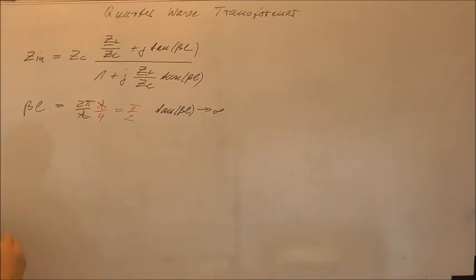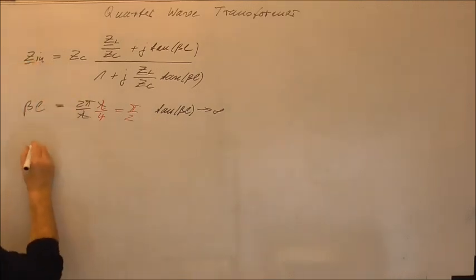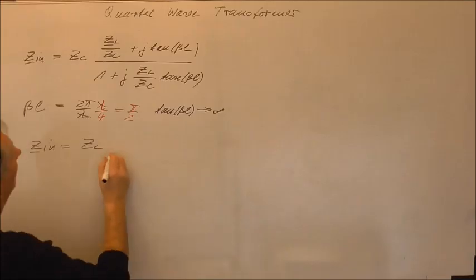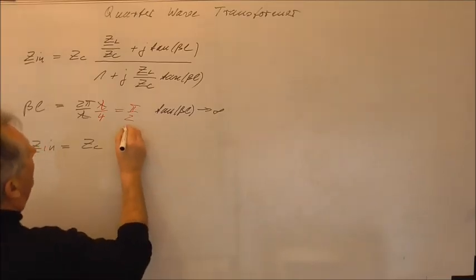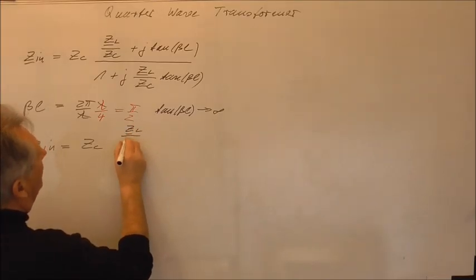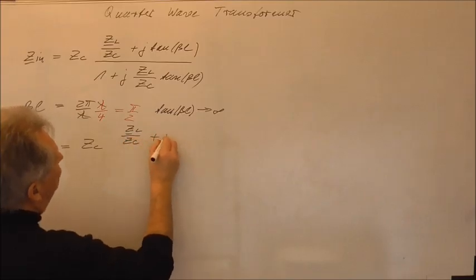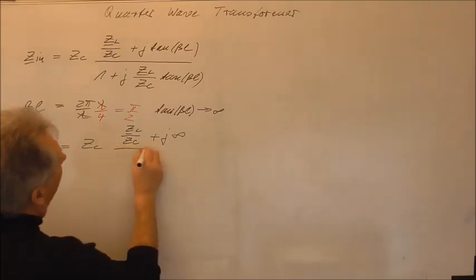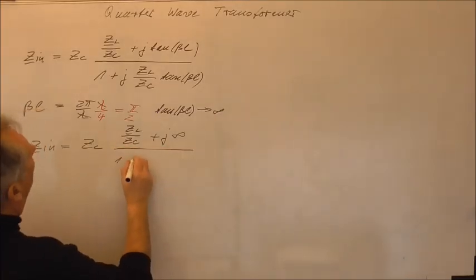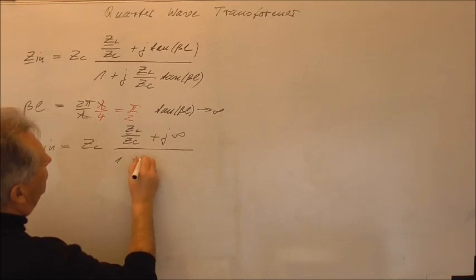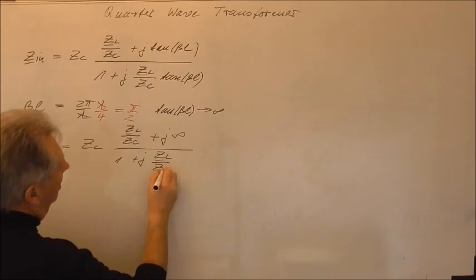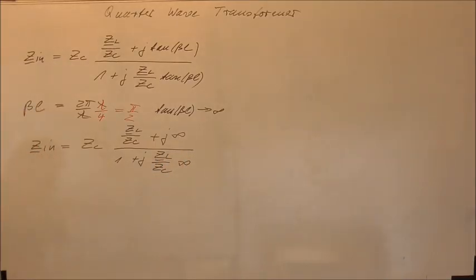And so we can now rewrite the equation for the input impedance like this: Zin will be equal to Zc times (Zl over Zc plus j times infinity) over (1 plus j times load impedance over Zc times infinity).